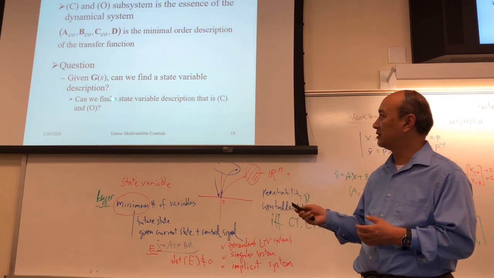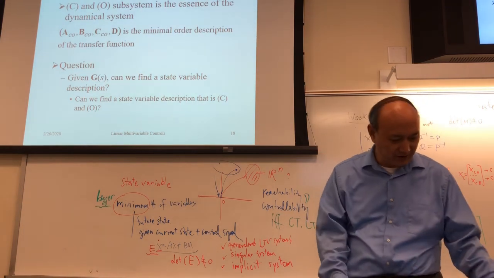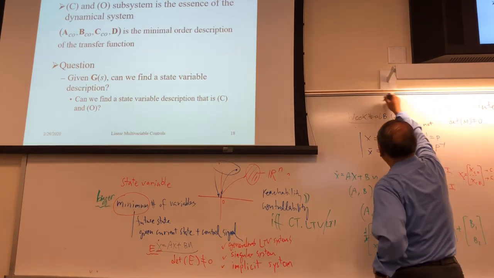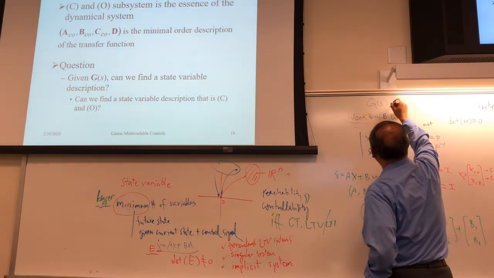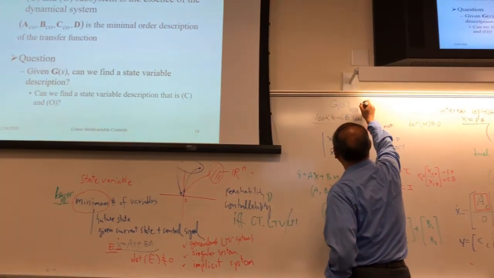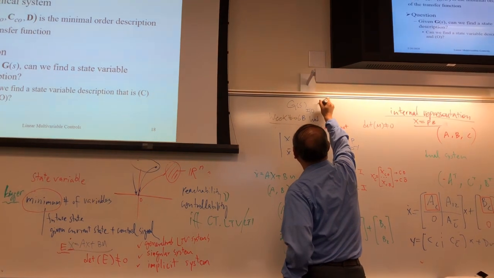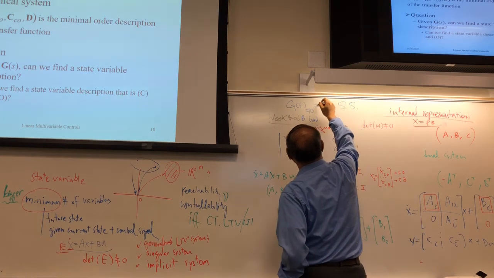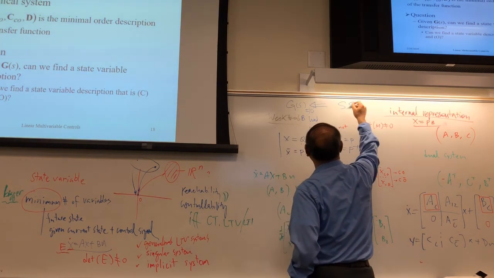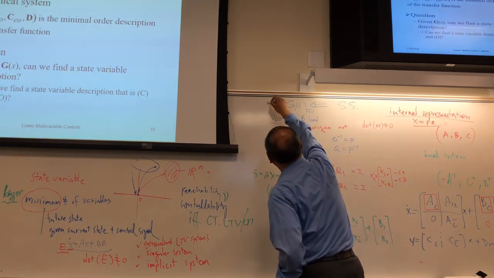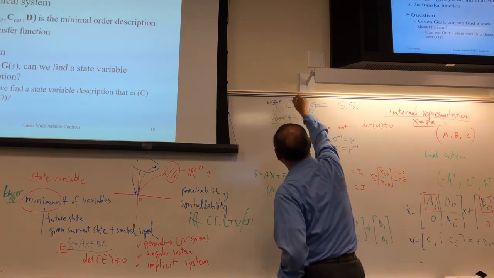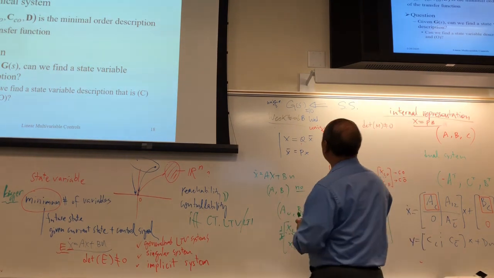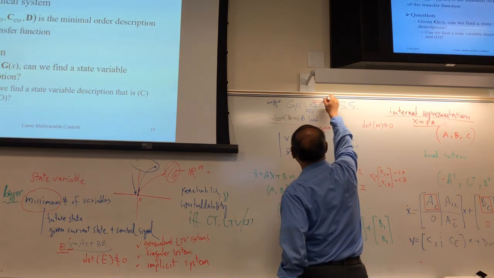So let me do this. So this is from in and out. Then you know that for state space representation leading to this one, no matter how you do the transformation here, you will lead to a unique, invariant G of S. But on the other hand, if you are given G of S, go this direction.